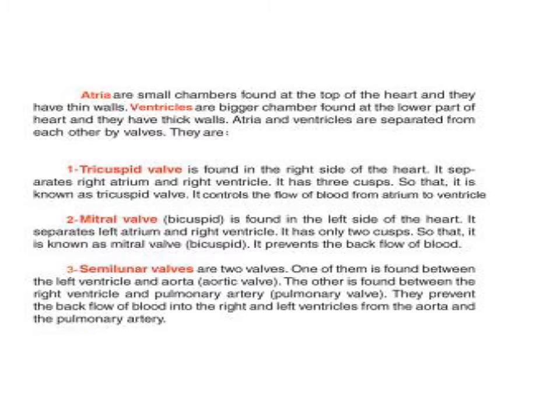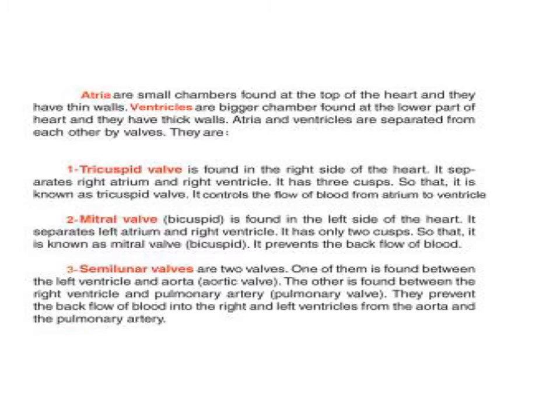Semilunar valves are two valves. One of them is found between the left ventricle and the aorta, called the aortic valve. The aorta is the largest artery in the body, and it opens from the left ventricle.